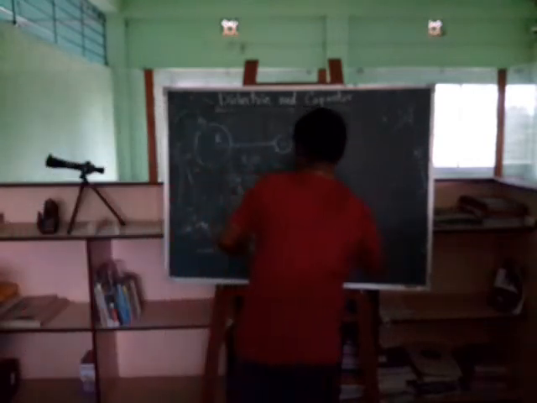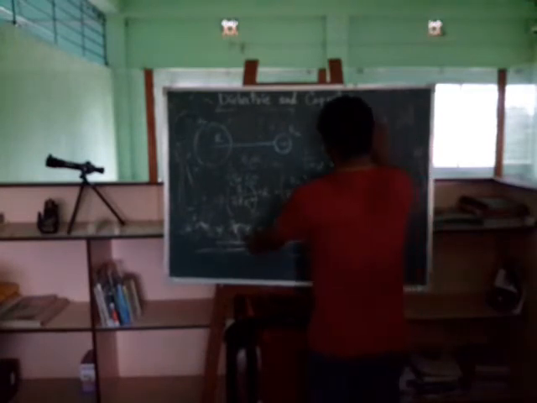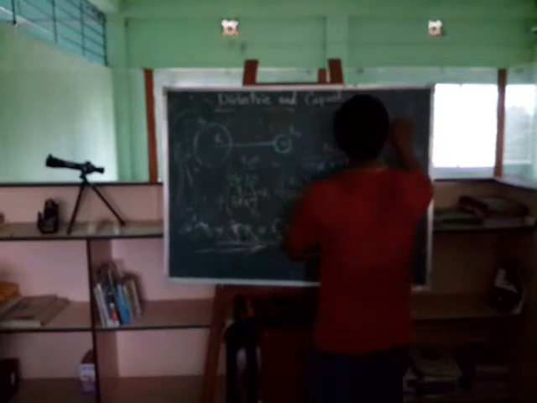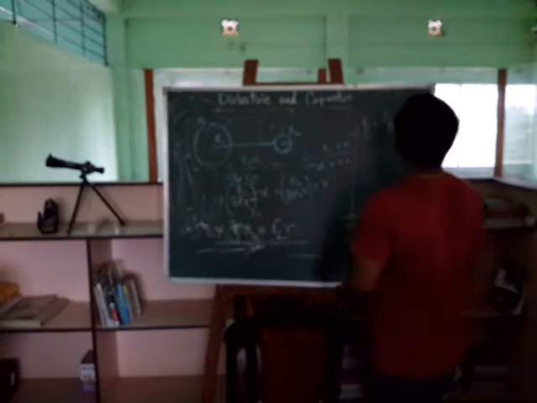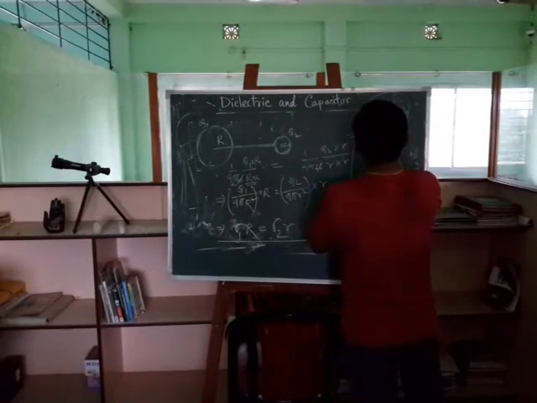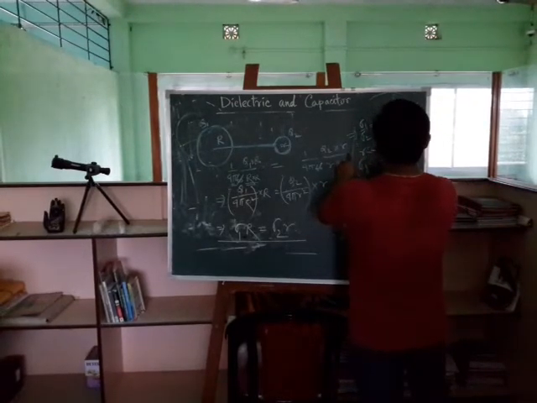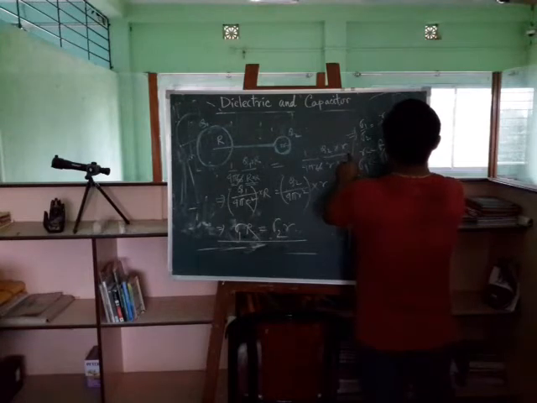So from here you can write a very interesting result: sigma 1 by sigma 2 is equal to r by R. But r is smaller than R. So sigma 1 is much smaller than sigma 2.